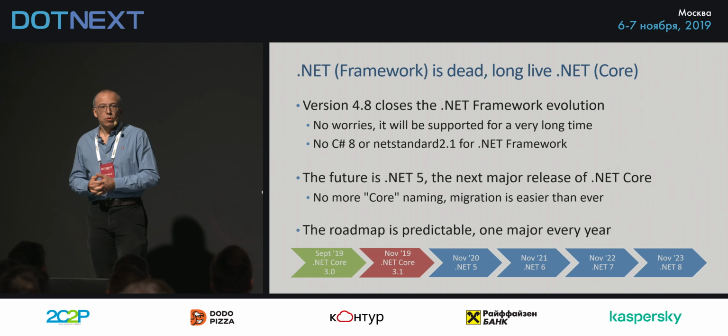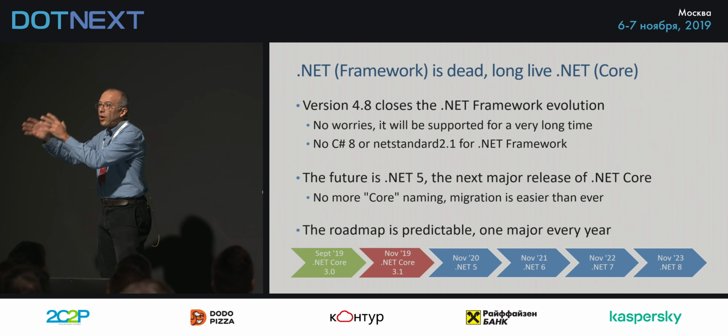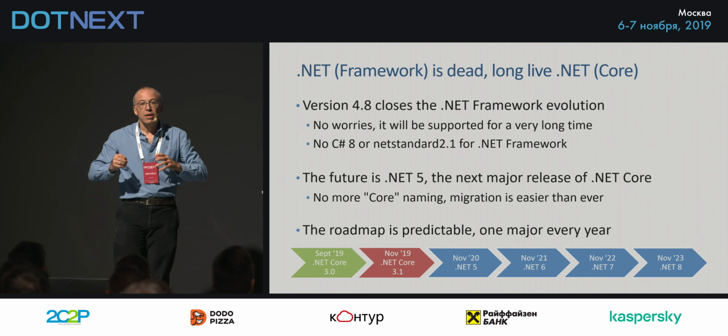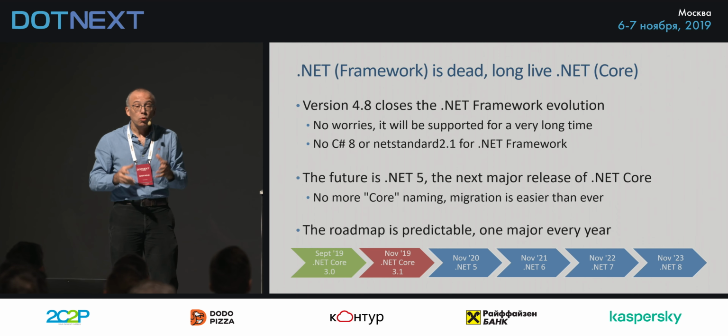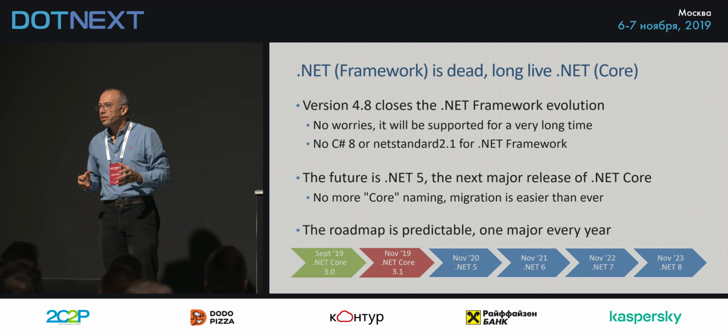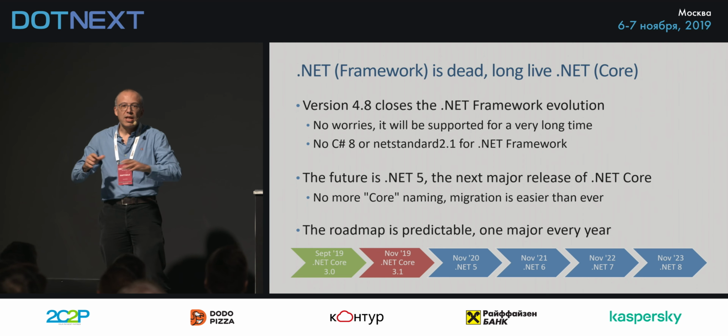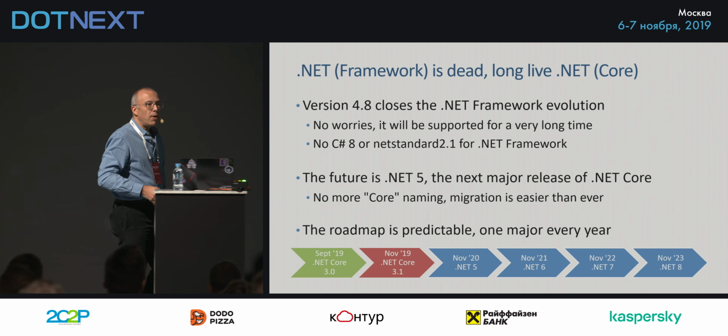And it's too risky to bring these features from .NET Core and put them in .NET Framework because it could cause breaking changes, which we don't want because there are millions of applications deployed out there.